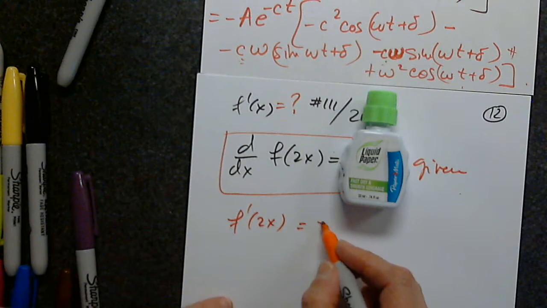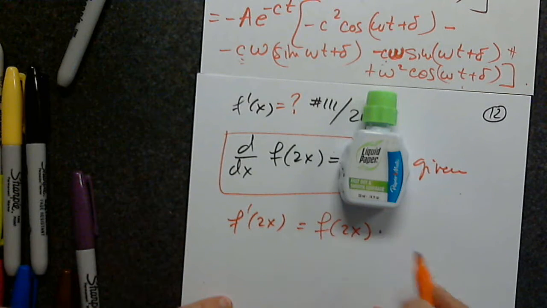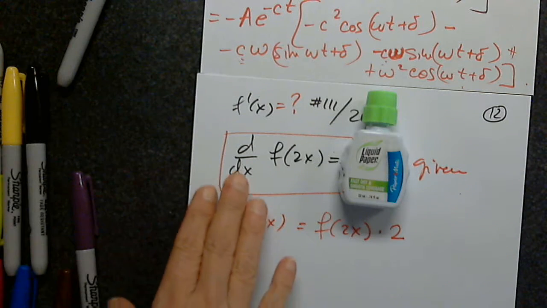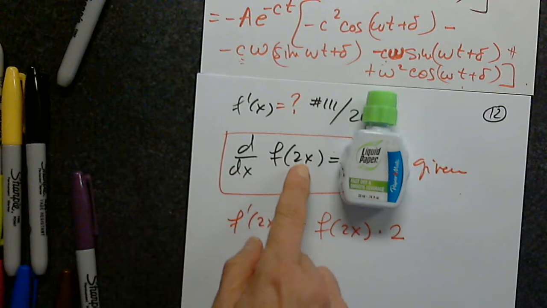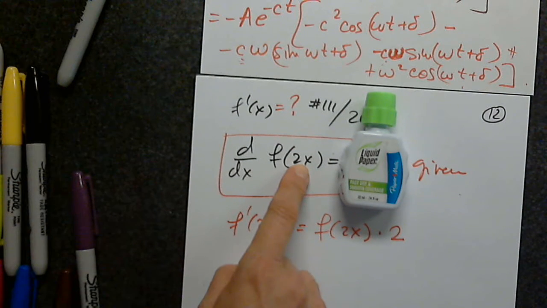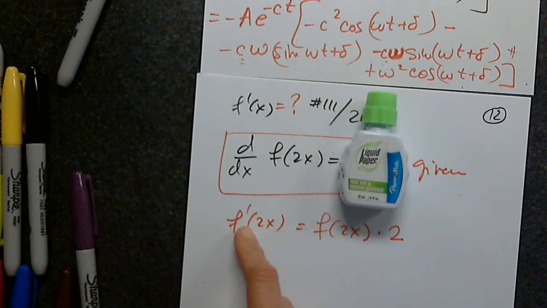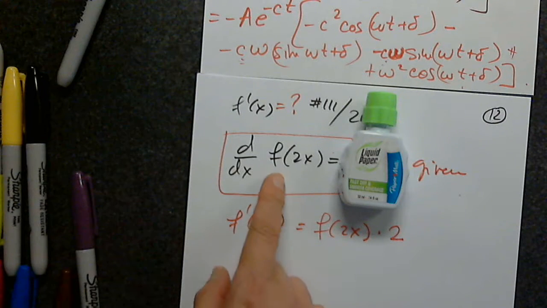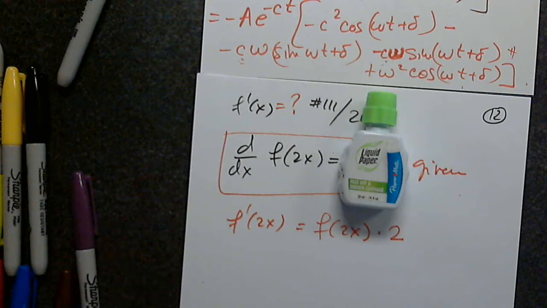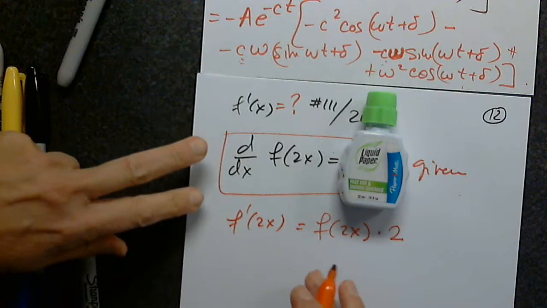I get f of twice x times 2. Do you agree with this? Right? So the derivative of a function of another function requires the chain rule.